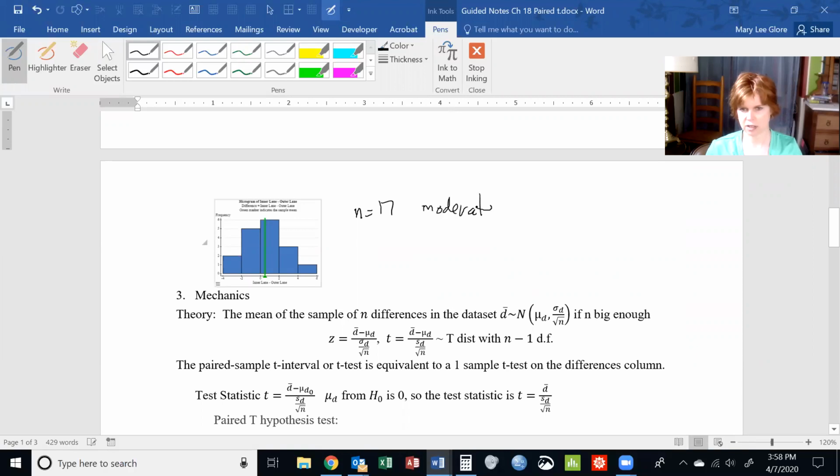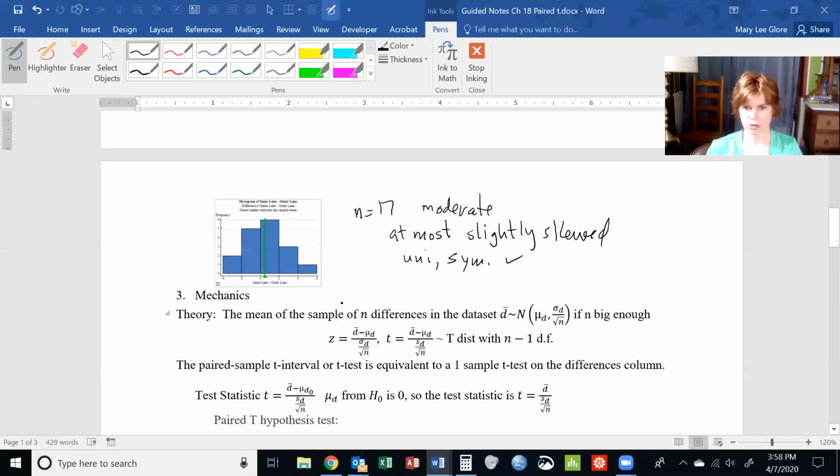So as long as it's at most slightly skewed, then we meet this condition. And it does. It's unimodal and symmetric, so it's not even skewed. So this is great. This looks perfect. So we've met all our conditions.